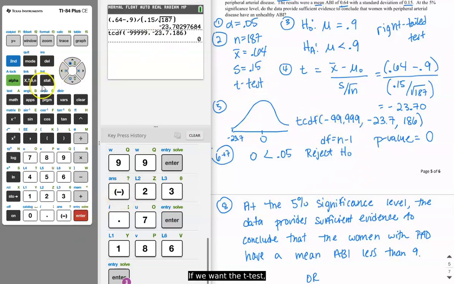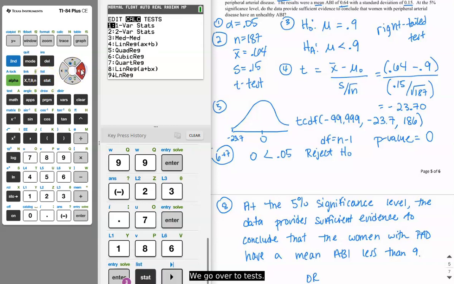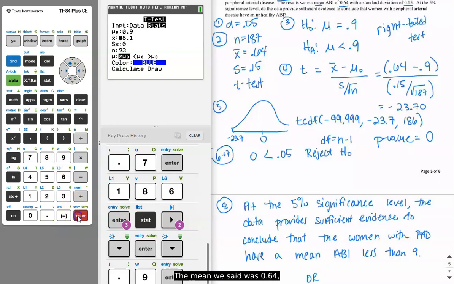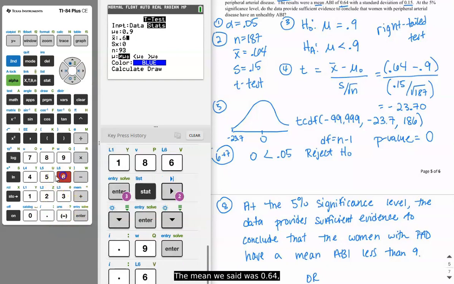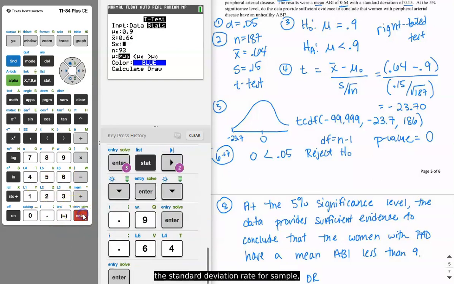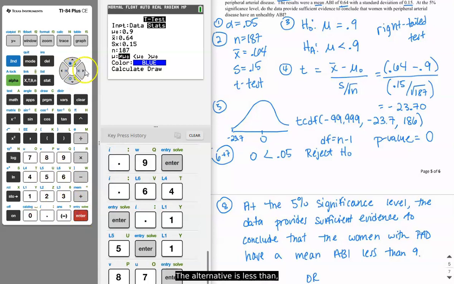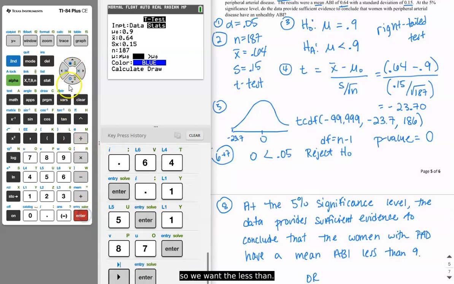If we want the t-test, we go to our stat button, over to tests, we want the T-Test, and hit enter. We just have the statistics. So this would be 0.9, the mean we said was 0.64, the standard deviation for the sample, so we see s, 0.15, sample size is 187. The alternative is less than, so we want the less than.